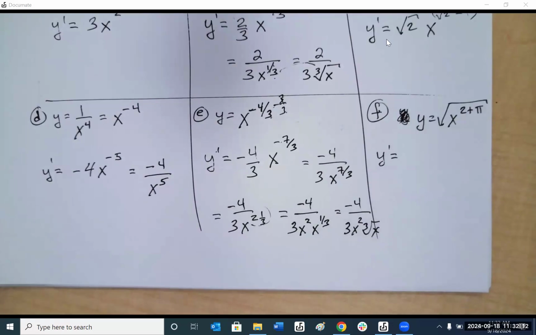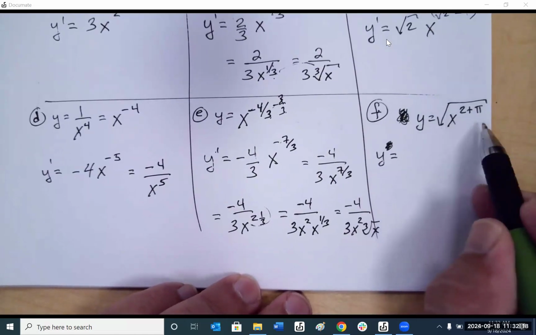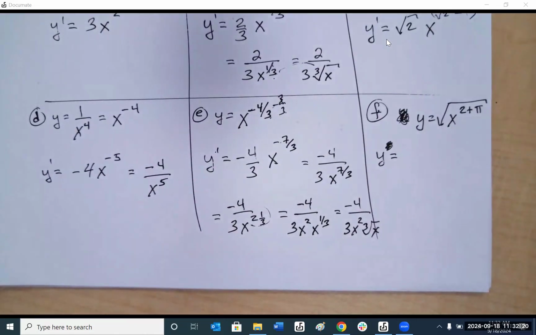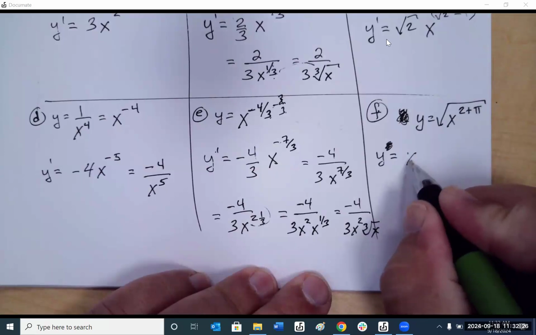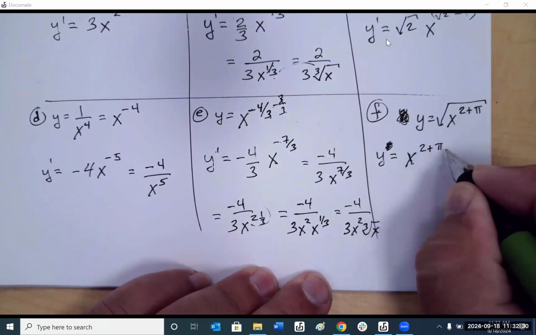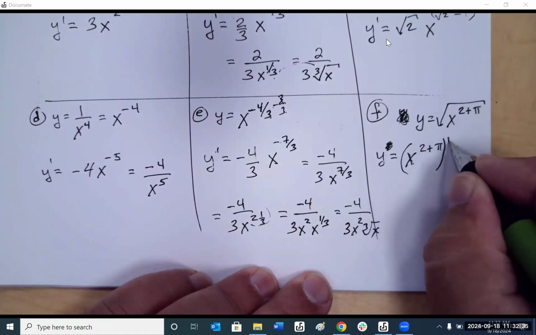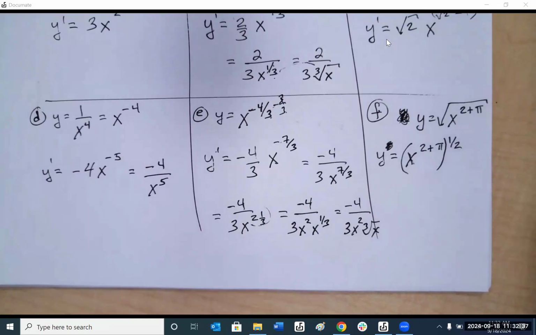So what do you have to do here first? Well, we can't take the derivative. How do we rewrite this one first? Exponential, right? So it's x to the power 2 plus pi, to the power 1/2.